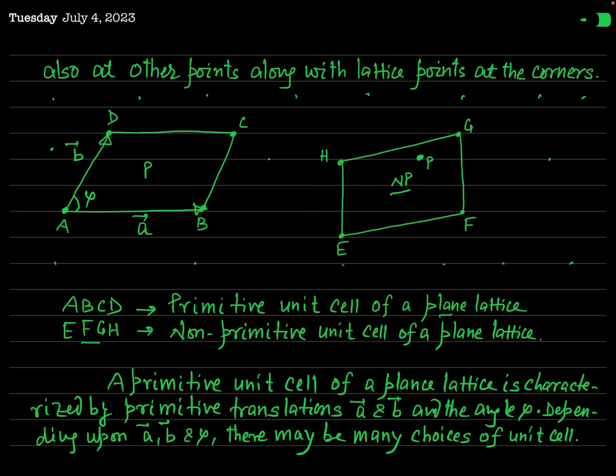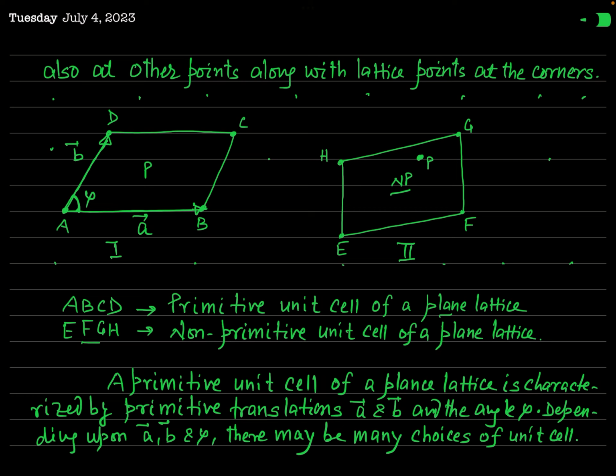Now let us see this figure. I am marking here, this is figure 1 and this is figure 2. In figure 1, which represents a primitive unit cell, you can see that this primitive unit cell of the plane lattice is characterized by two translation vectors. First one is A and the other is the translation vector B. And the angle between these two translation vectors A and B is phi.